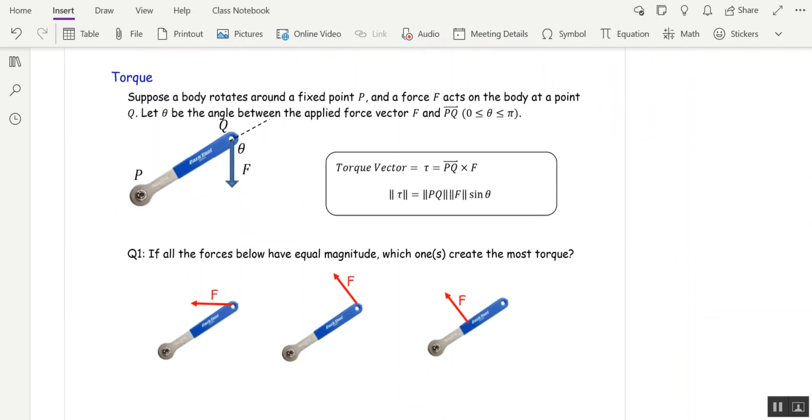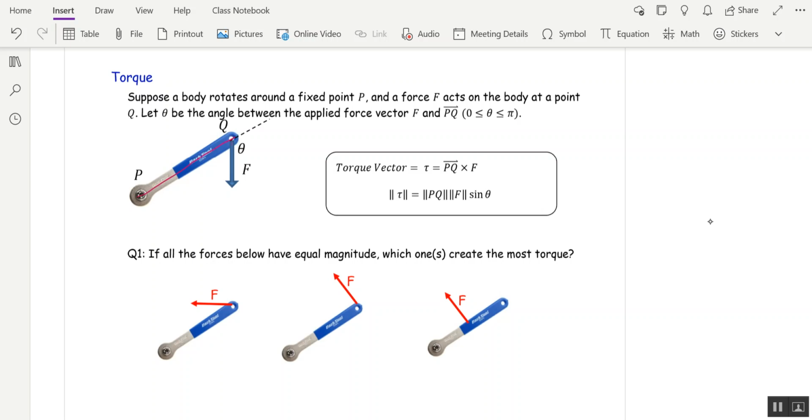So if you've ever fastened a bolt with a wrench, you know about torque. Typically, we're not interested in the torque vector. We're interested in its magnitude. So if this is my lever arm, PQ, I apply a force.